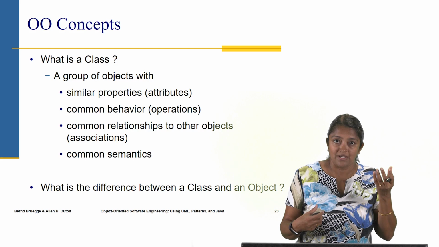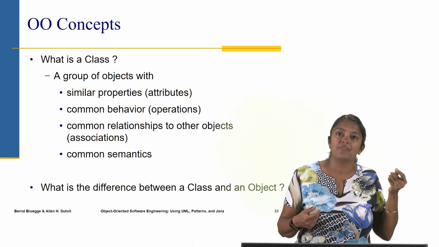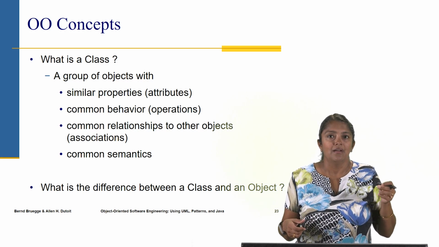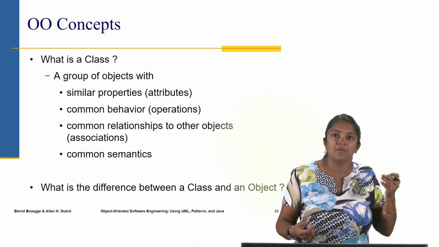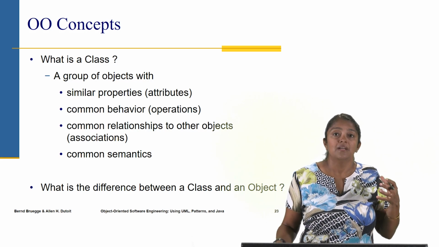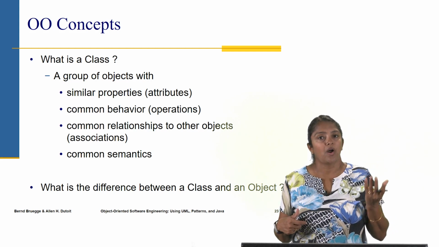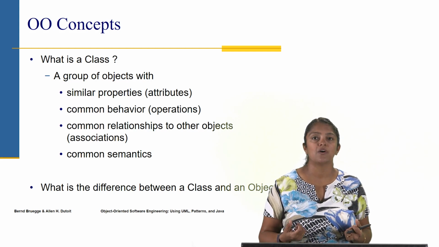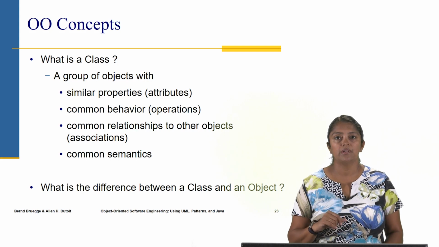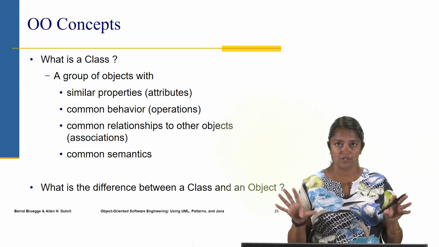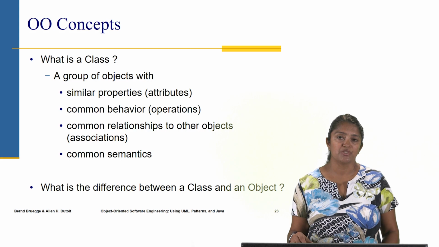For each attribute, there are certain values. If the attributes are color, height, weight, all of them are going to have real data. The object is going to have its own unique identity. So it's very important that you make sure you understand the difference between a class and an object.